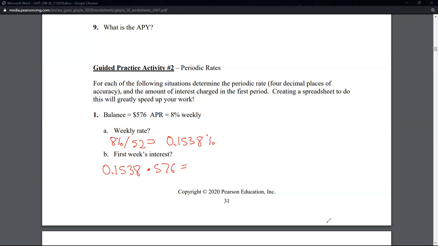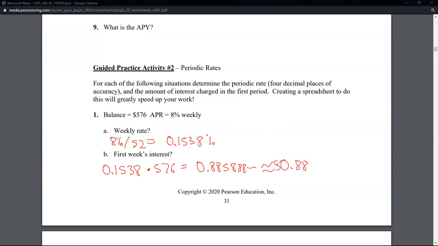0.1538 times 576, and you get 88. I did something wrong. 576 times 0.001538. There we go, 88. So this is originally 0.885888, but we're talking money, so we're going to round this to the nearest cent.